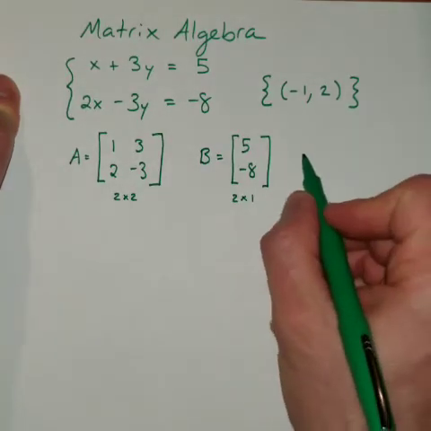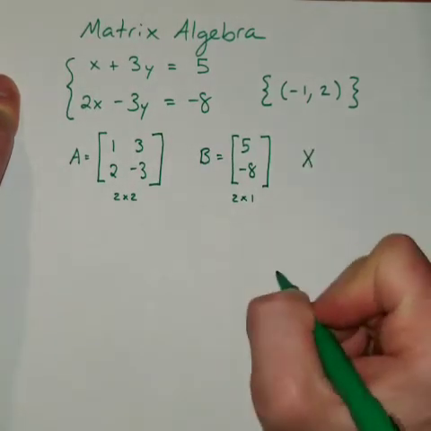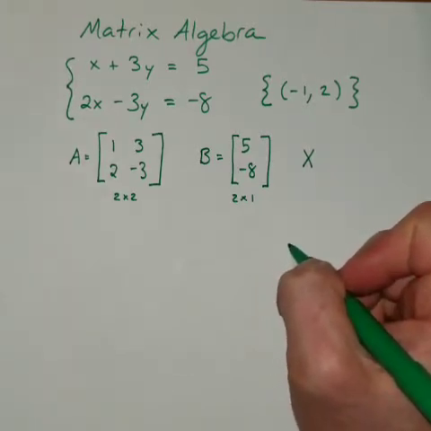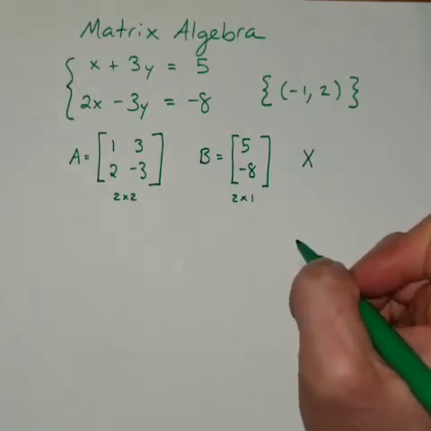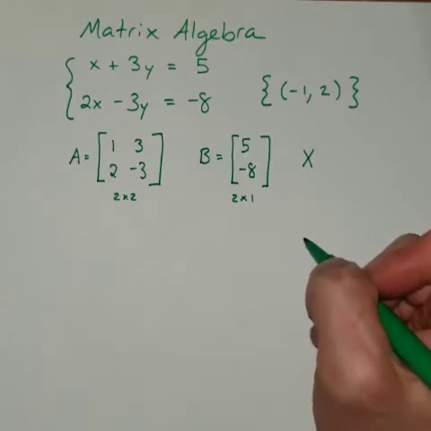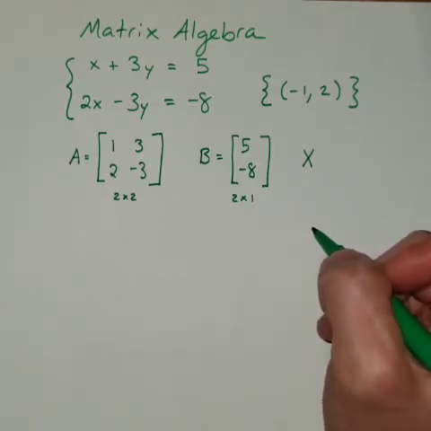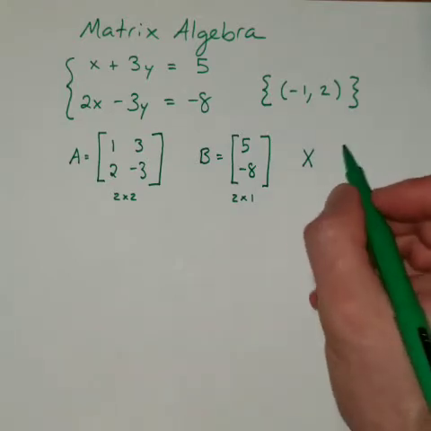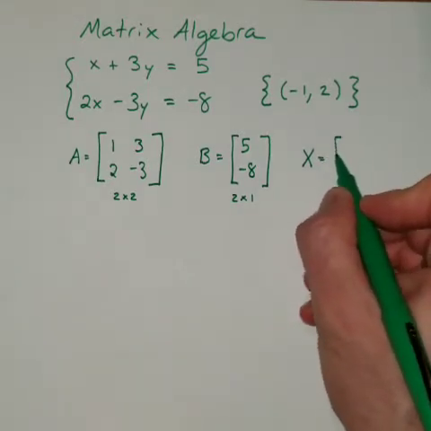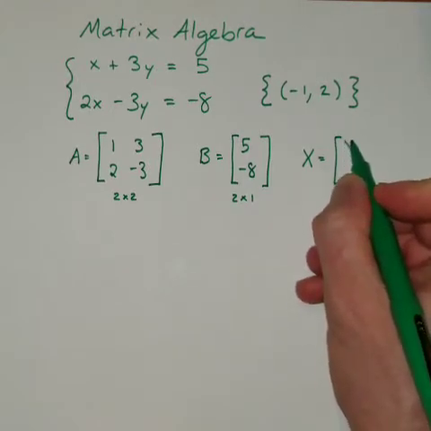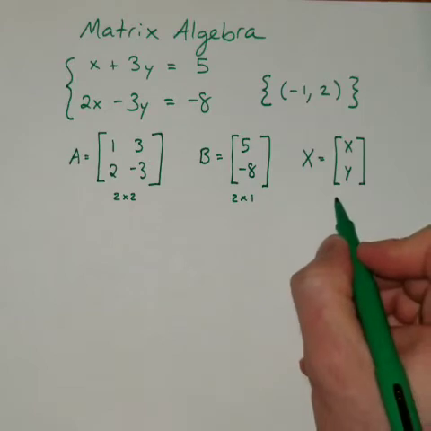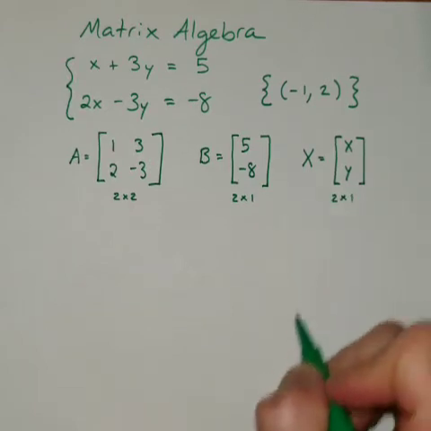I'm going to call that matrix big X. That's typically the variable that we use for these variable matrices. A matrix made of variables. And so that matrix is going to just be a column matrix also with little x, little y in it.